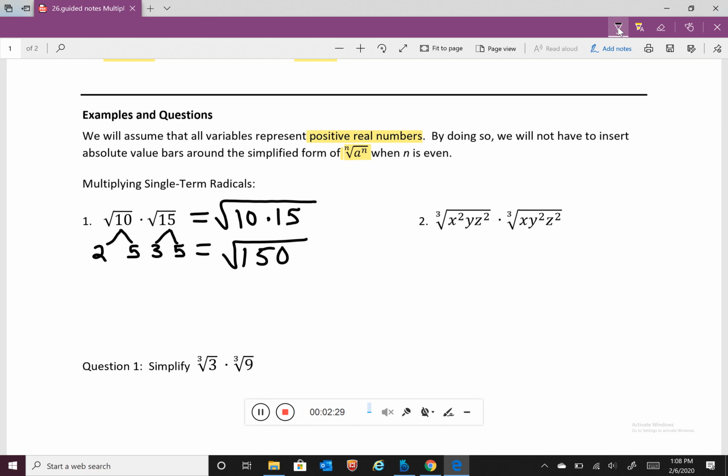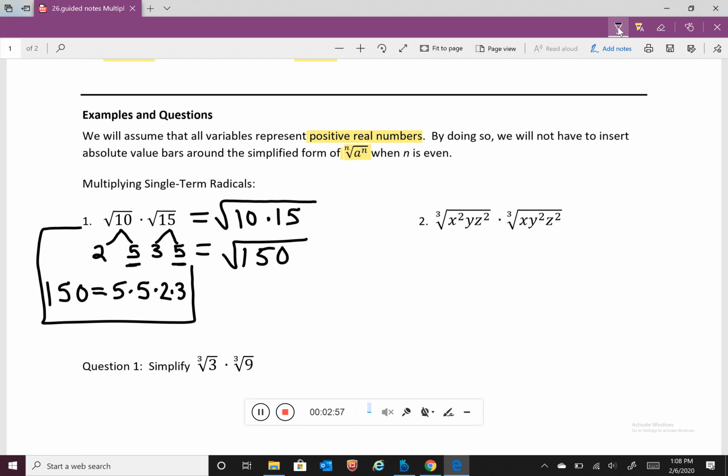Now, because this is a square root, I'm interested in looking at all of my factors and seeing if anything occurs twice. And notice a 5 occurs twice, which means 150 is made up of 5 times 5 times 3 times 2.